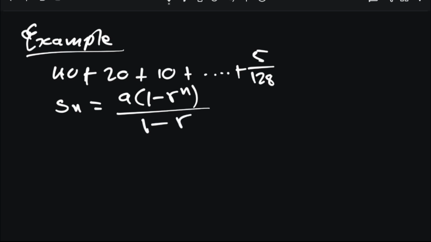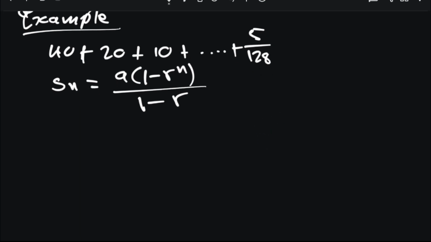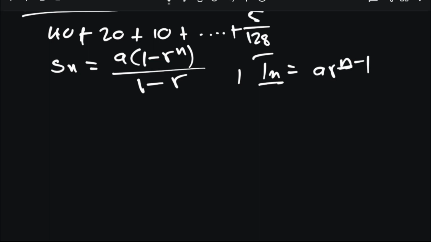In this case, we need to know our a, our r, and our n. We are not given the value of n, but we are given the last term. Remember our formula, Tn is equal to a times r to the power n minus 1, where Tn defines any term in a sequence. Using this formula, we can find the value of n right away.